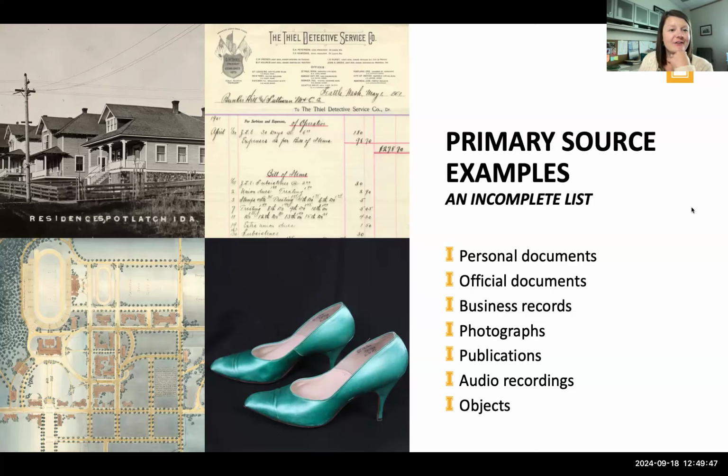So I'll just offer the items that you see up here. In the upper left corner is a picture of some houses from the city of Potlatch, which is in the northern part of Latah County, the same county Moscow is in. Potlatch was a company town developed by the Potlatch Lumber Corporation and was a true company town where they owned all the housing, all the infrastructure in the town.